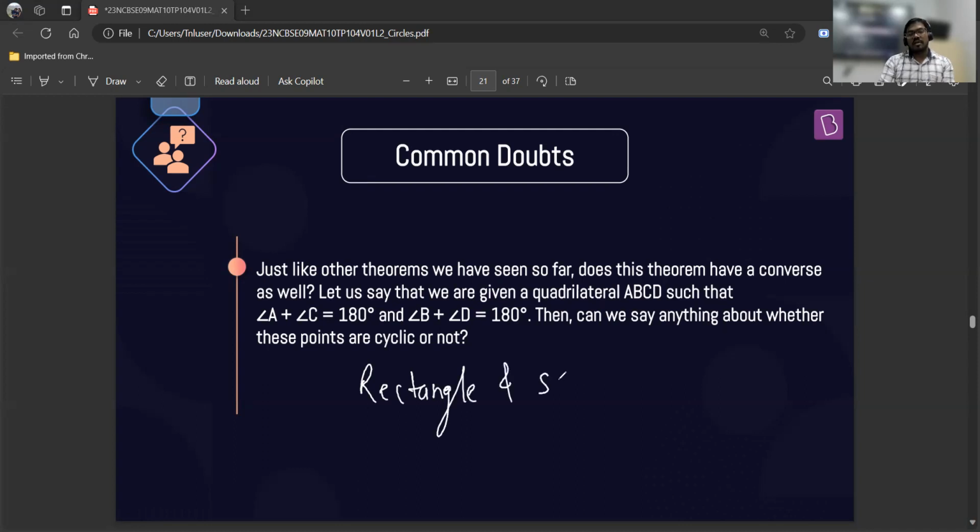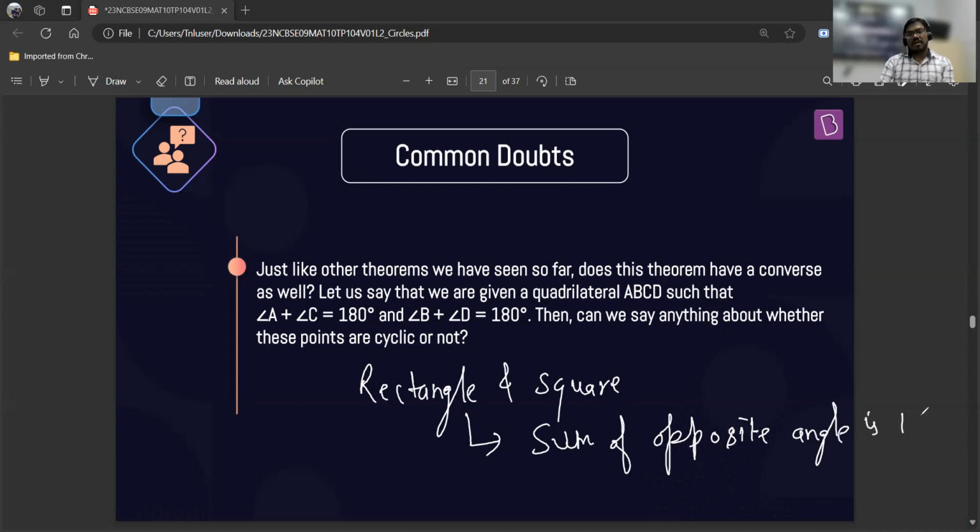Rectangle and square, we know that the sum of opposite angles is 180. I hope everyone knows that, right? Because in a square all angles are 90, the opposite angle sum will be 180, as well as for a rectangle.